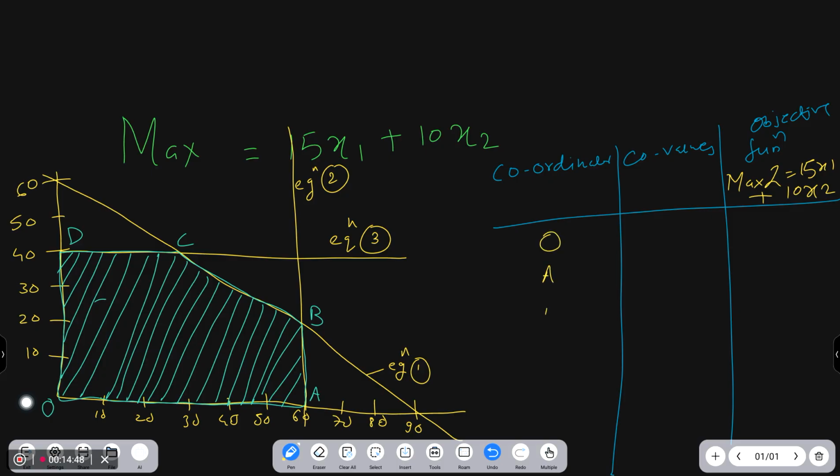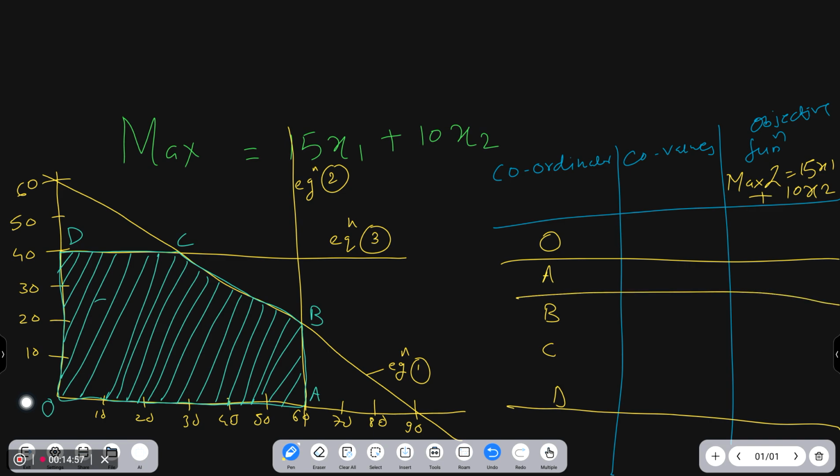O, A, B, C, and D. These are the 5 coordinates you have. Which values do you know? The origin O coordinates are 0, 0. You know A also.